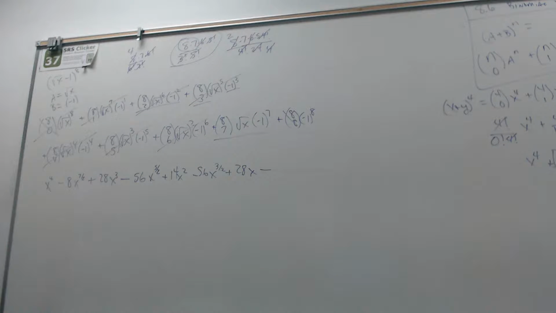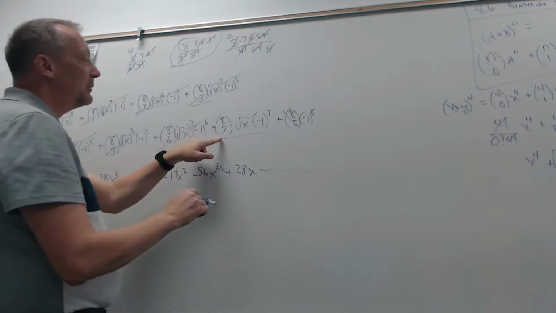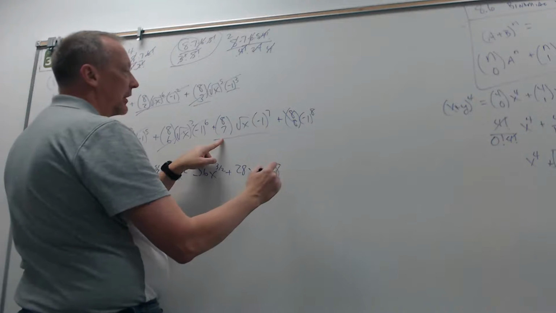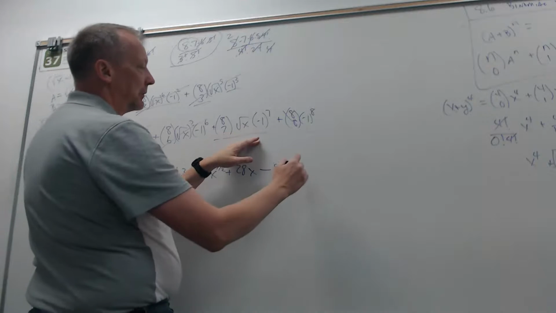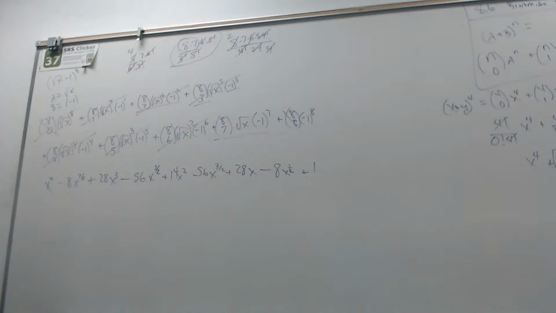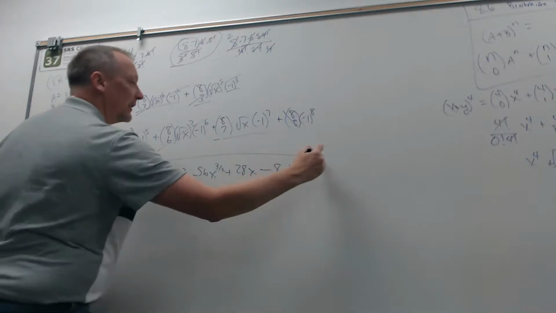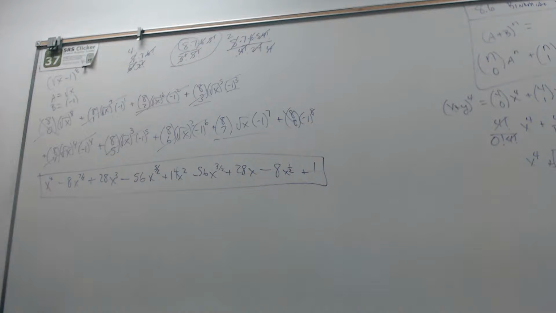Hard to keep track of all these, right? So this is going to be 8 x to the 1/2 power plus 1. And that's, as Forrest Gump would say, all I have to say about that.